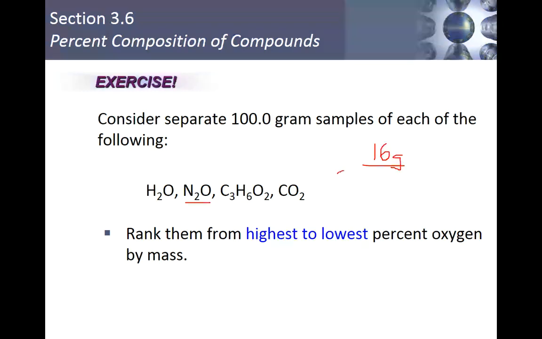That gets me 28.014, and then I'd add that to my 16. Then you'd multiply that by 100, and that calculates to, give me a second. All right, you get 36 point, oh, did I do this backwards? Let me see.